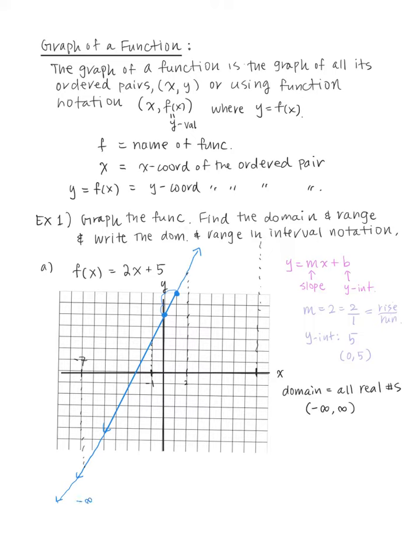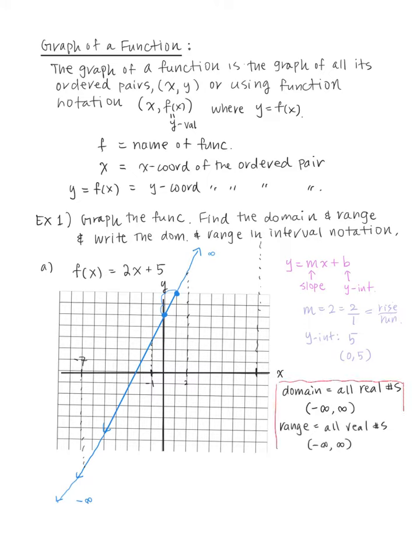And then since the line's going to keep going up and up and up, eventually our y value is going to be positive infinity. So our range is going to be all real numbers again. And so we write it as negative infinity to infinity.